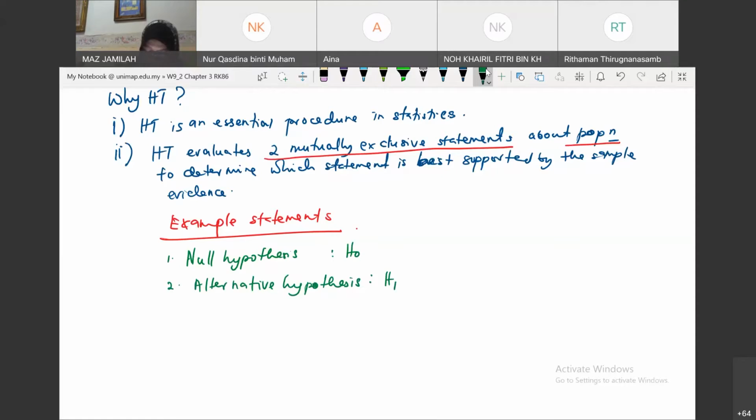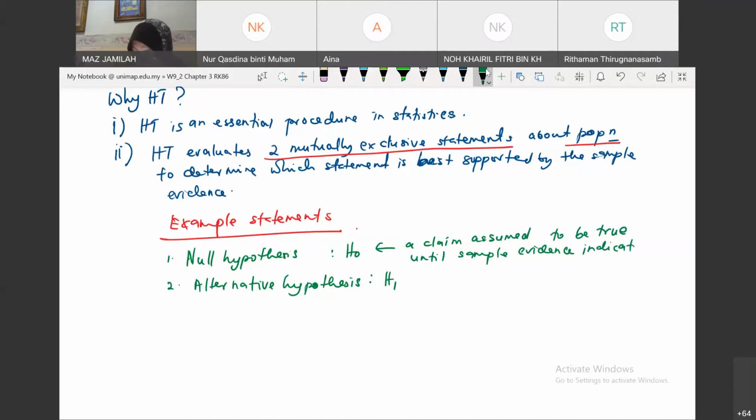What is H naught? This is a claim assumed to be true until sample evidence indicates otherwise.